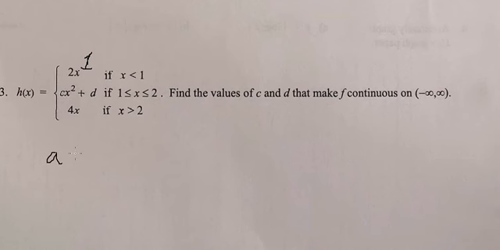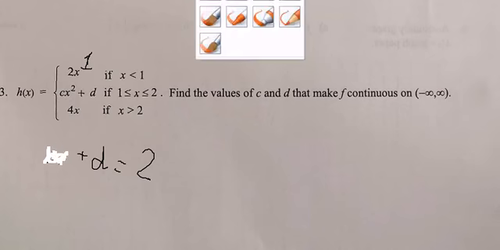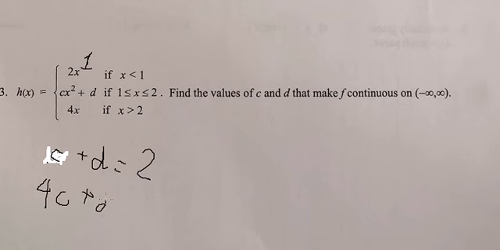So you get c plus d, that is equal to 2. Let's put x equal to 2 in here. So you get, oh, this is c, sorry, that is c. And if we put x equal to 2, we get 4c plus d.